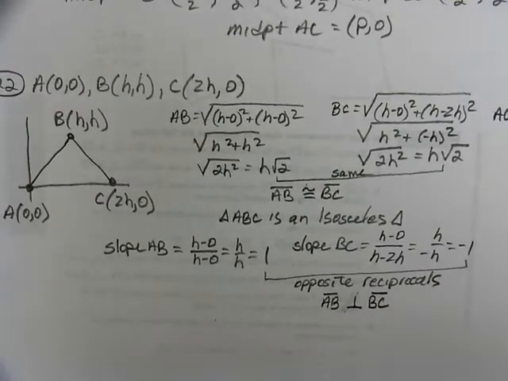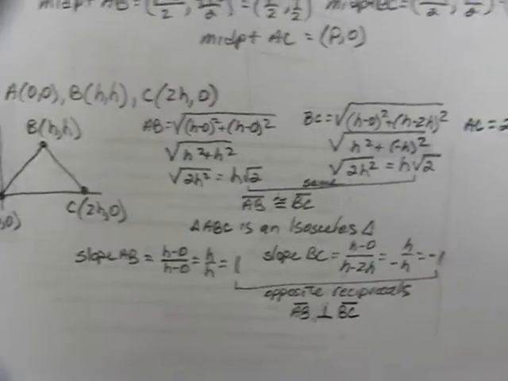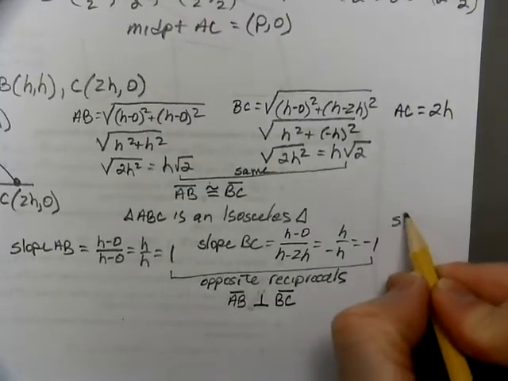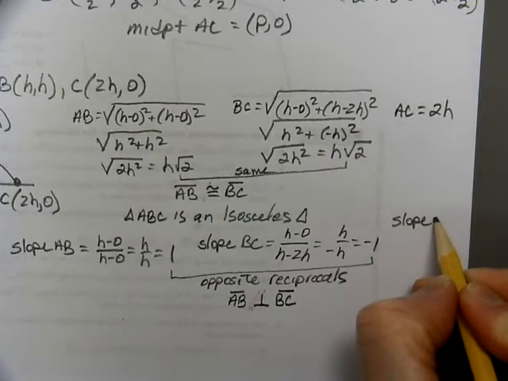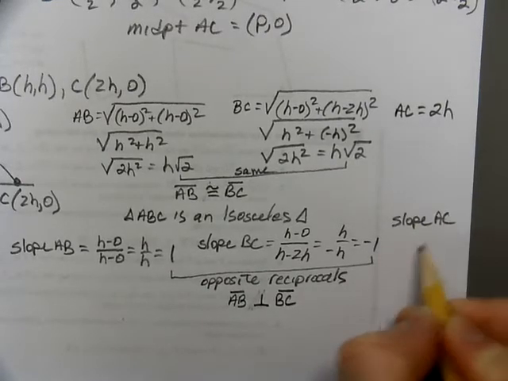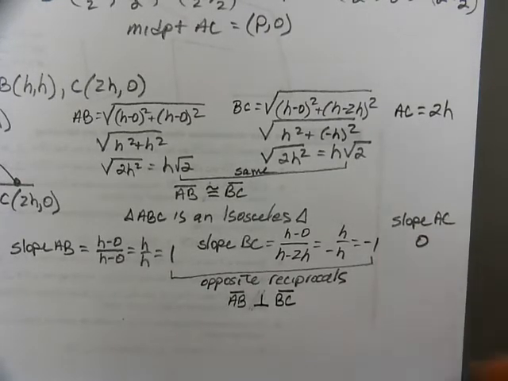If they were parallel, they would have been exactly the same. But because they're opposite reciprocals, they are perpendicular. And of course, the slope of AC is 0 because it's a horizontal line.